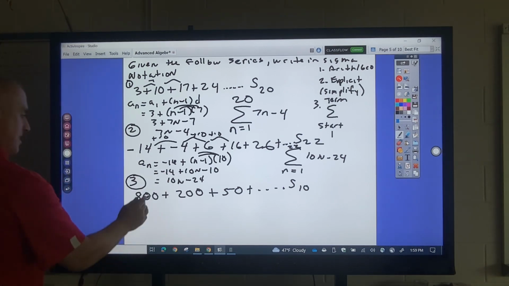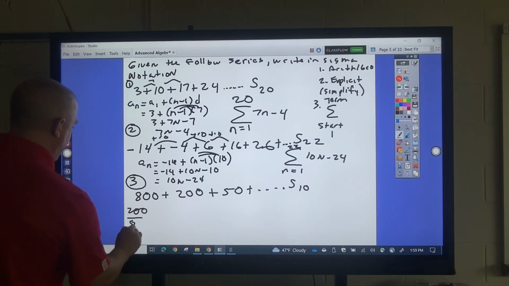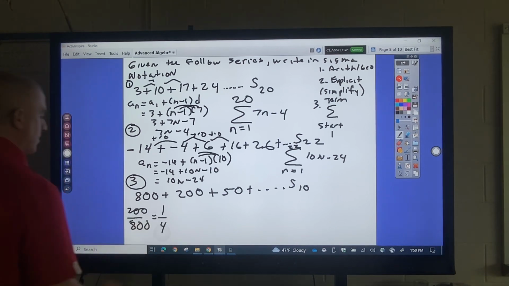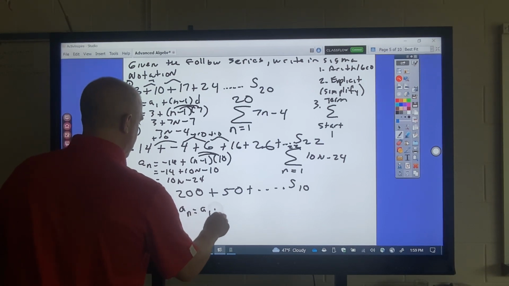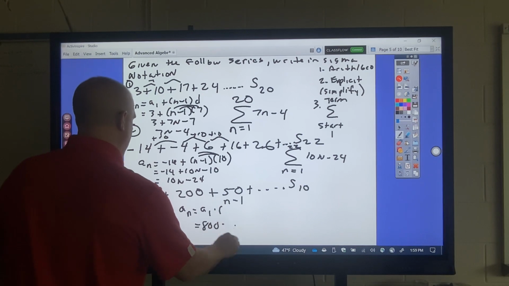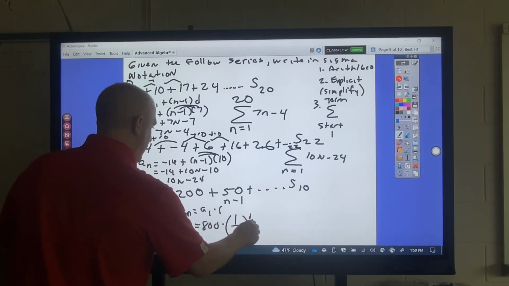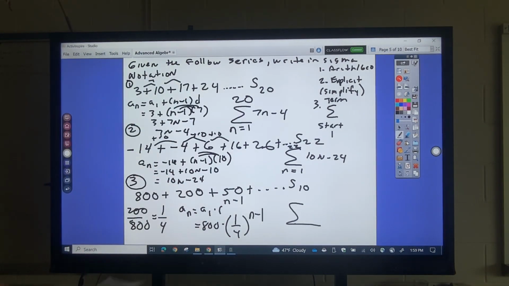This is S10. Now, obviously, we see this is not arithmetic, it's going to be geometric. So 200 divided by 800 would be 1/4. The geometric explicit formula is this: my A1 is 800 times 1/4 to the n minus 1. I don't have to simplify the geometric at all.